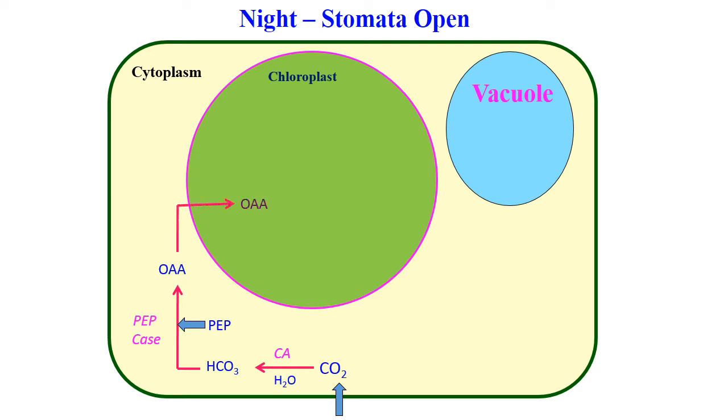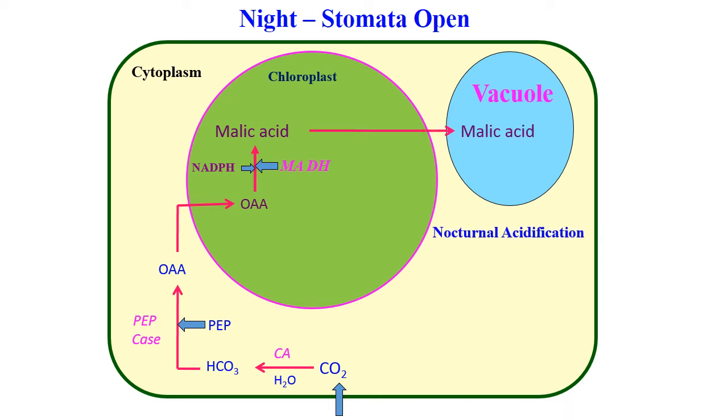This oxaloacetic acid enters into the chloroplast, where it is reduced to malic acid with the help of the enzyme malate dehydrogenase and NADPH. This malic acid enters into the vacuole where it is stored. Since this occurs during night, the process is called nocturnal acidification.